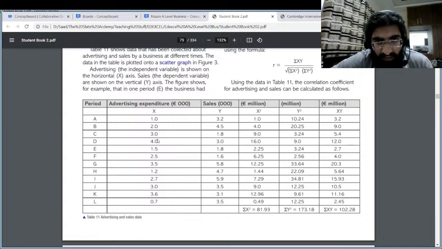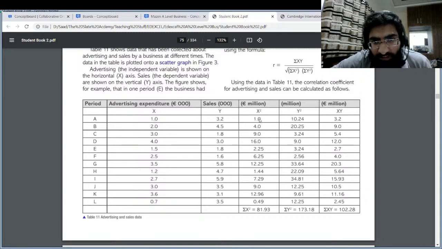Then what you have to calculate is x squared first, because here you have to do sigma x squared. This column is just the square of this column.